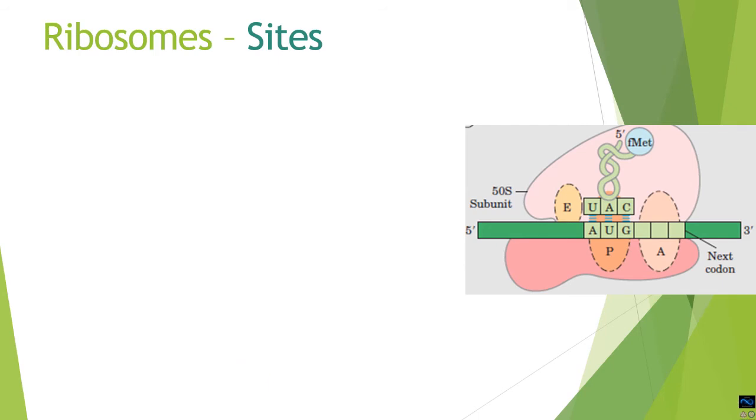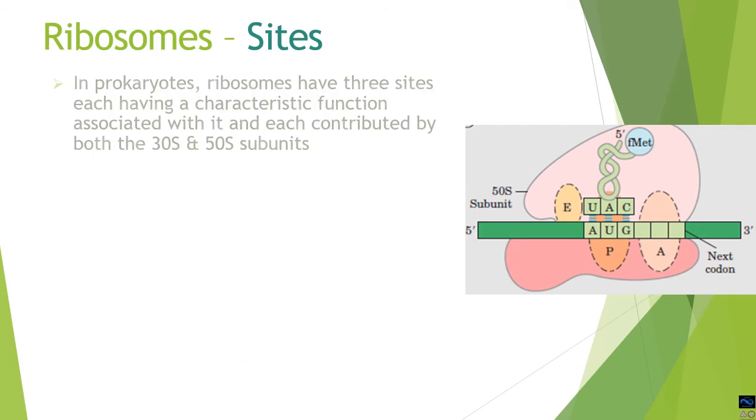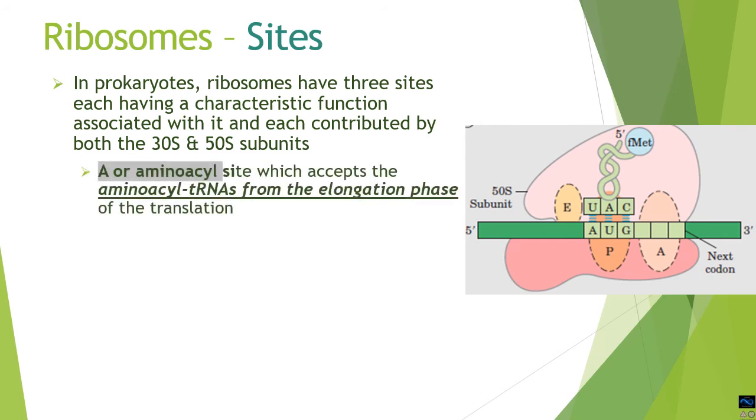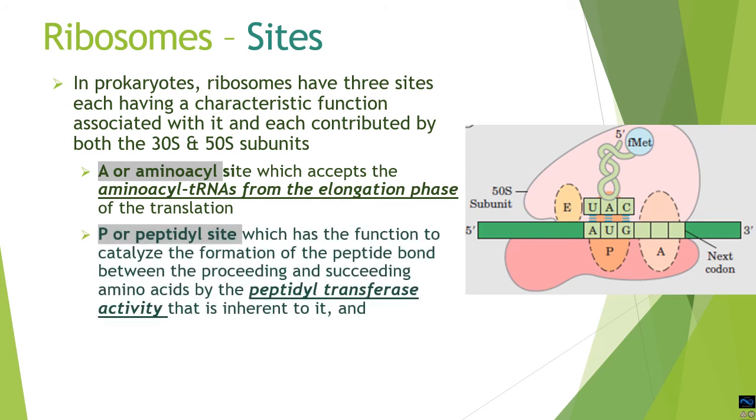Last but not least, what are the different sites of the ribosomes? In prokaryotes, ribosomes have been found to have three different sites: the A site, P site, and E site. The A site is called the aminoacyl site, which accepts the aminoacyl tRNA, charged tRNAs, during the elongation phase of translation. The P site is the middle site, where the peptide bonds are formed between the amino acids.